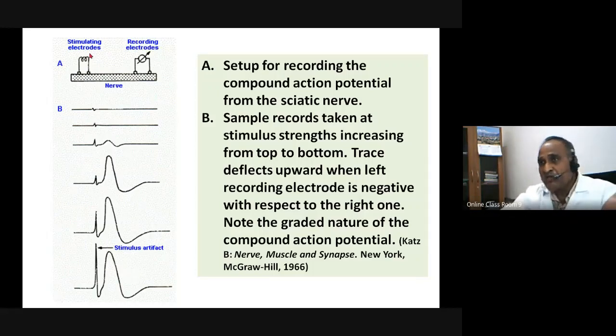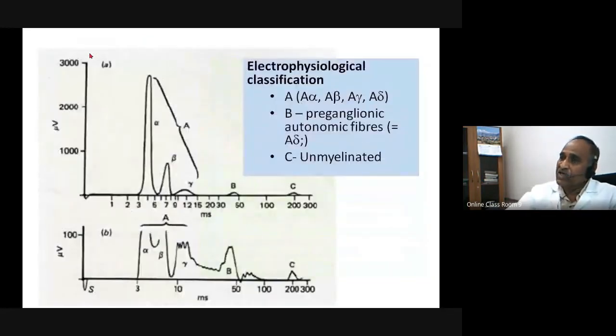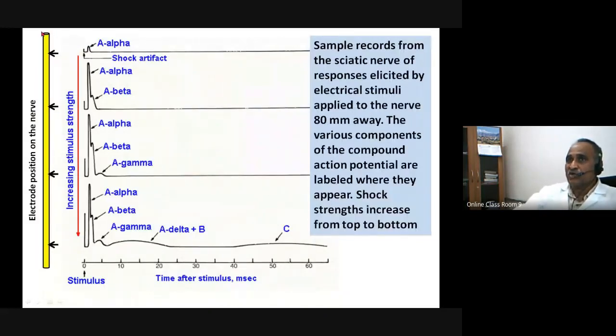Now, moving further, I am just trying to give you a brief idea about the compound action potential. Erlanger and Gasser recorded the compound action potential, and what they found was that when they stimulated the sciatic nerve, somewhere here, they got peaks like this: one peak here, a second peak here, and a third peak here.